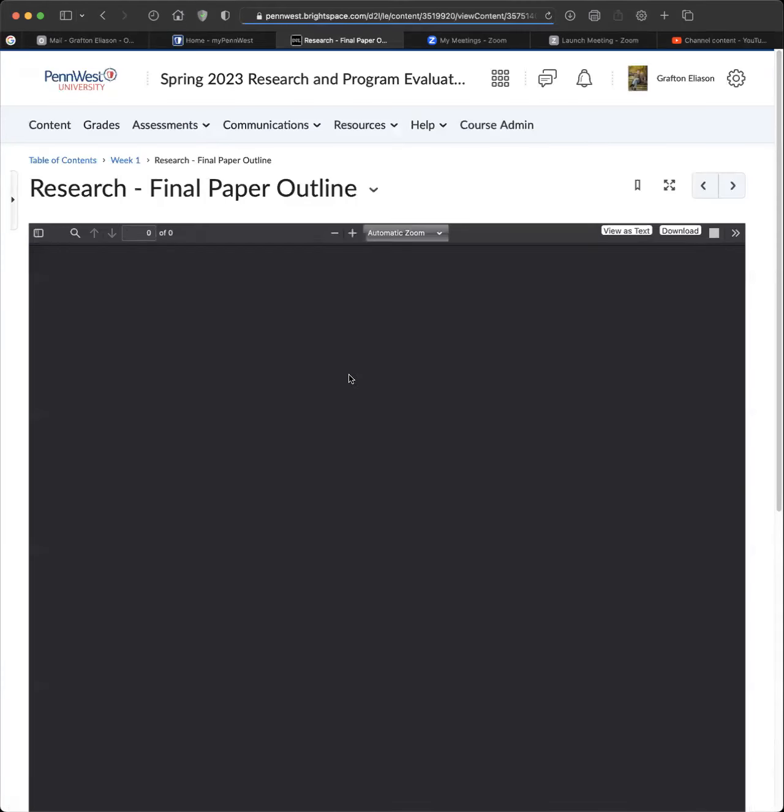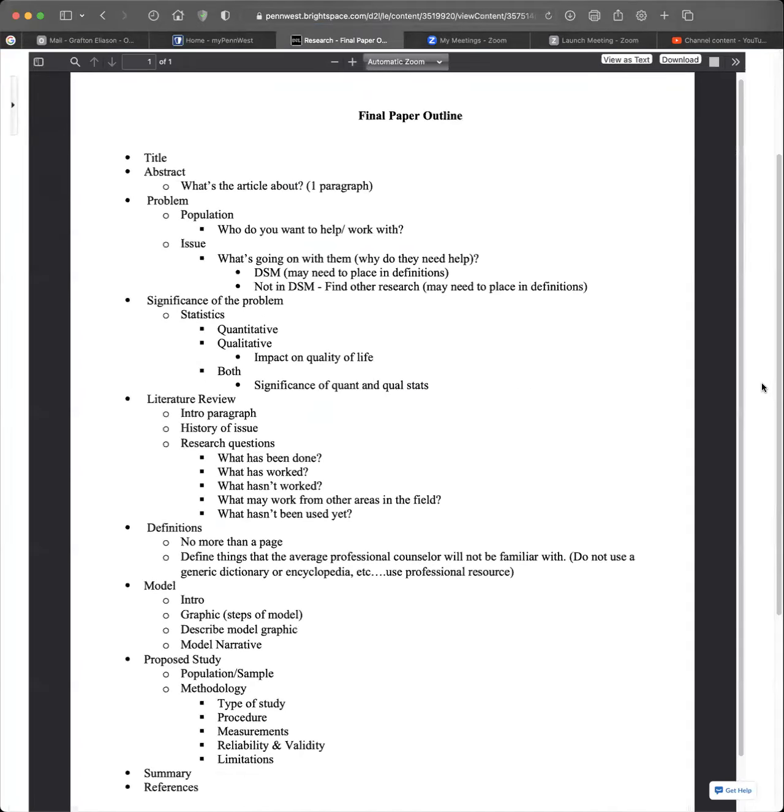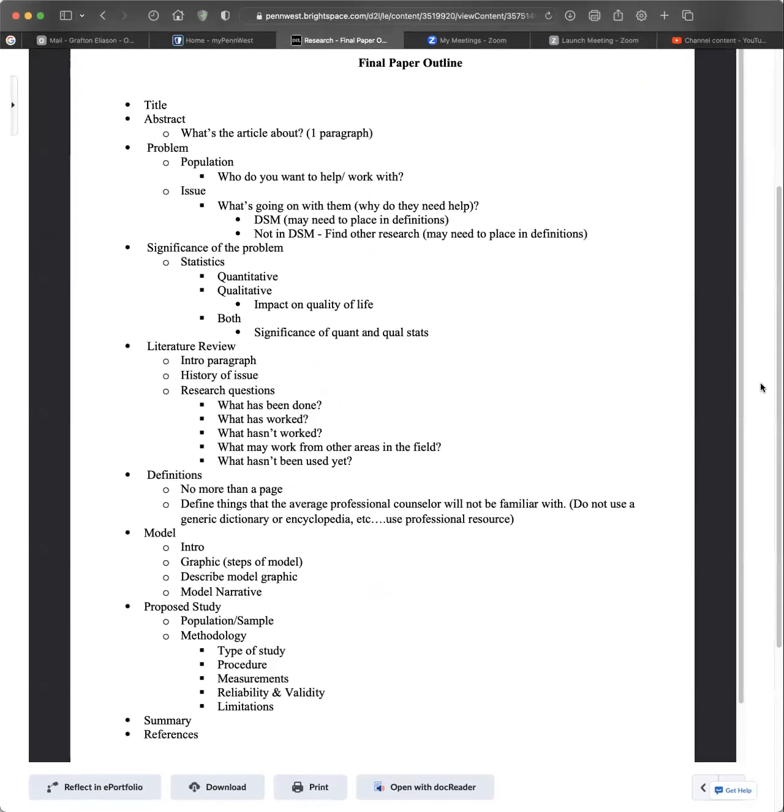This is going to be your guideline for all of your headings, not only for the lit review, but for your entire paper. And you can actually use these headings if you'd like, and just make them applicable, add a couple words so that they're applicable to your topic.